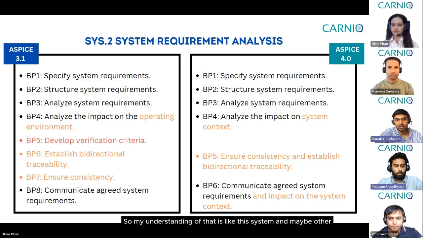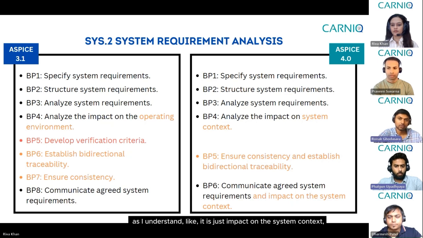My understanding is that this means this system and other systems which are interacting with this system, and we have to identify those interfaces and analyze the impact.